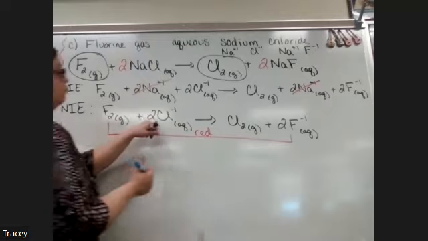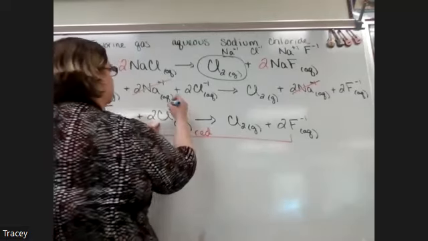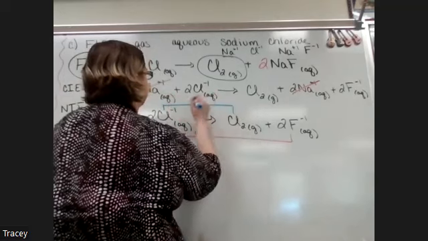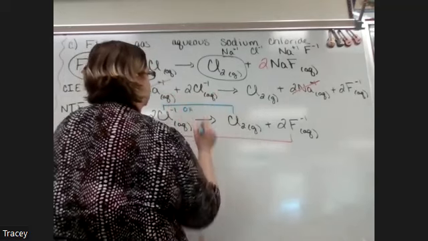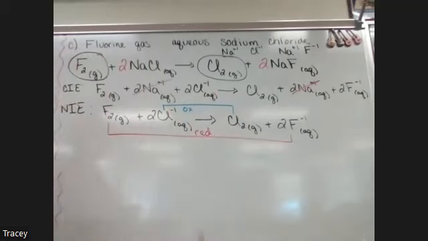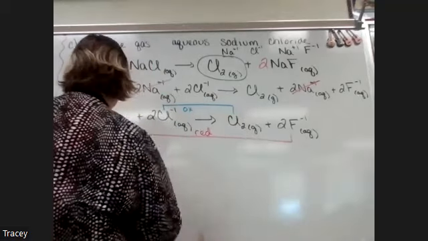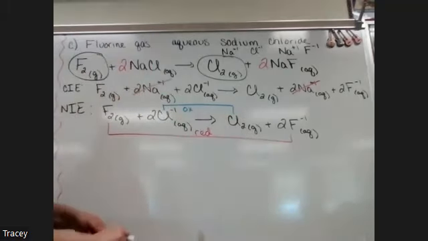Now the Cl -1 must have been oxidized. We go from -1 to 0, so that goes up. So that was oxidized. I still love doing the oxidation half reaction first. Again, oxidation reduction works exactly the same in non-metal replacement.